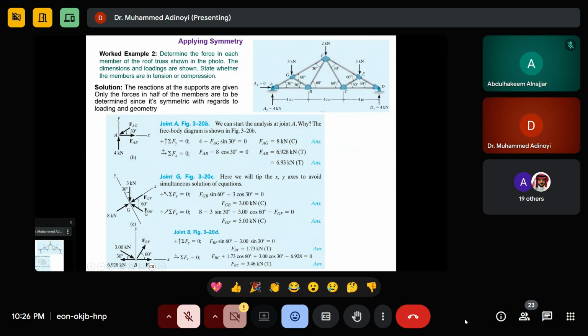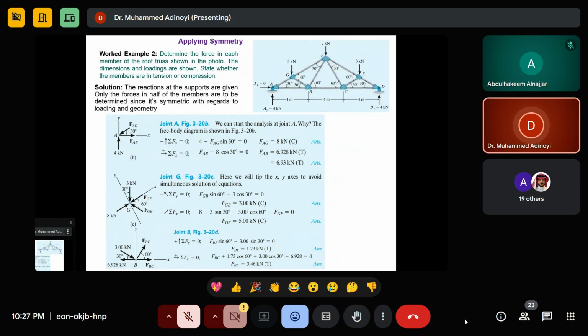FGB here is 60, so it means that here is 30. If we take it here, it is going to be cos 60, minus again, because this is the direction of our x. But we already found FGB here, so that is why they bring the 3 kilonewton here. So by the time you solve it, you have your FGF. Yeah, clear. Thank you.